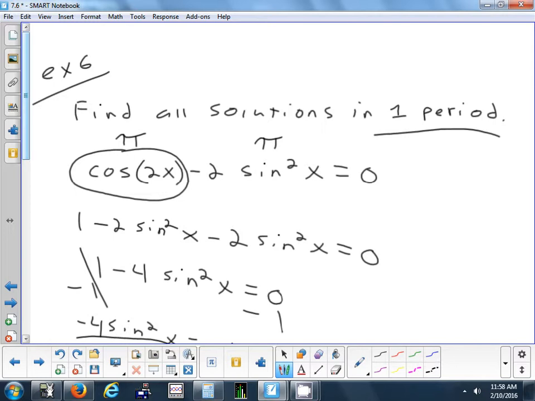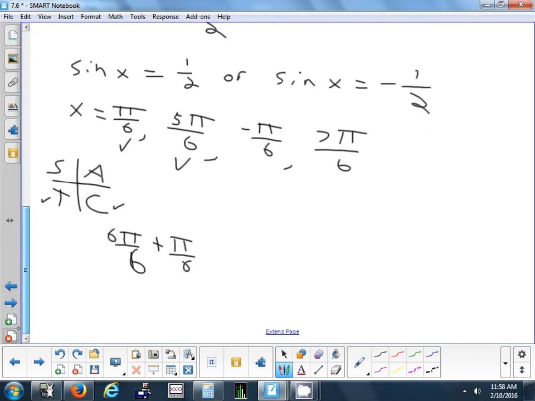Anything that's not between 0 and pi, we don't want. Pi over 6 is fine. 5 pi over 6, is that between 0 and pi? Yes. 7 pi over 6 is greater than pi. And 11 pi over 6 is greater. That's why they don't list them.